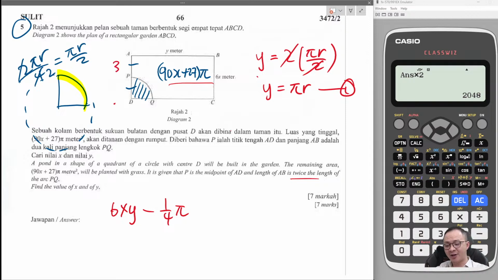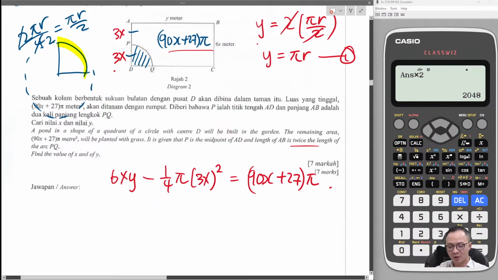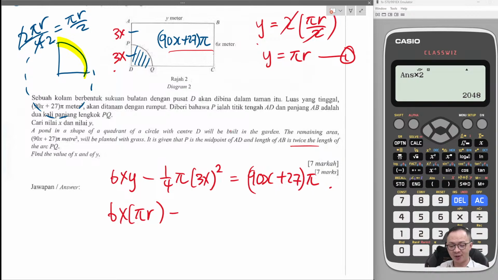My r here is 3x, because the total is 6x, so 3x squared. Pi r squared equals 90x plus 27 pi. Since I know y equals pi r, I'm going to insert it here. Then this gives me 9 over 4 pi x squared.